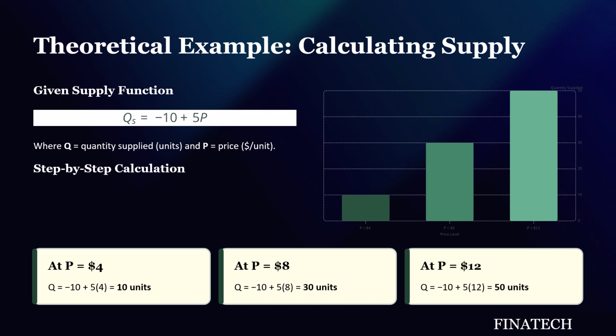At a price of $8, the quantity supplied is 30 units. At a price of $12, the quantity supplied is 50 units.